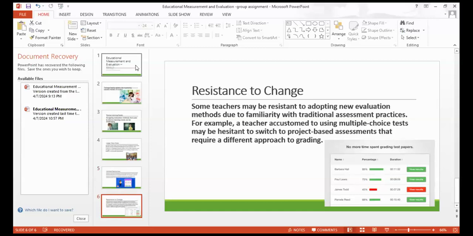Some teachers may be resistant to adopting new evaluation methods because they are familiar with traditional assessment practices. These challenges highlight the complexity of implementing effective evaluation methods in the classroom and underscore the importance of providing teachers with support, resources, and professional development opportunities to overcome these obstacles. That's all. Thank you.